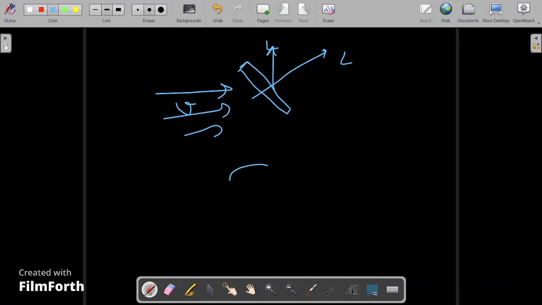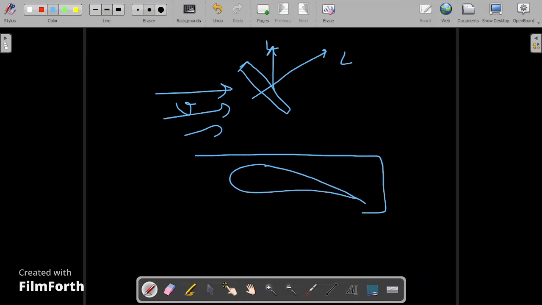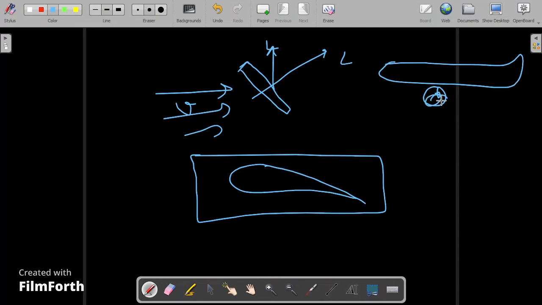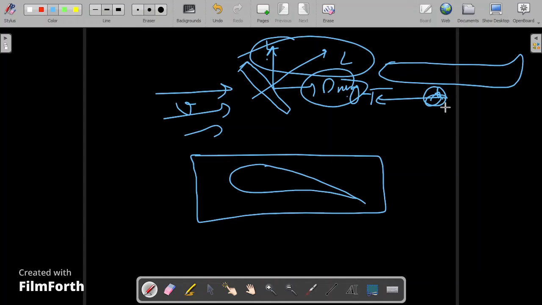Another method: with the advancement of technology and engineering, instead of using a slab, the problem with the slab is that the engine which is fitted has to be very powerful and provide more thrust because the drag force is too much. We'll explain it some other day. Since we have to use more thrust and a more powerful engine, the cost is going up.